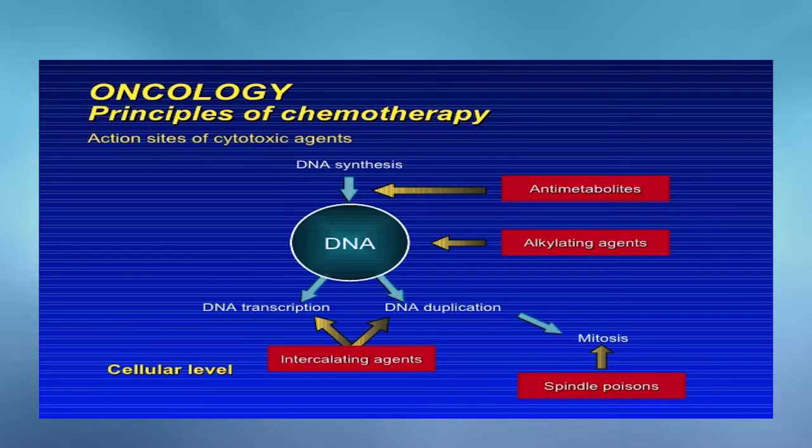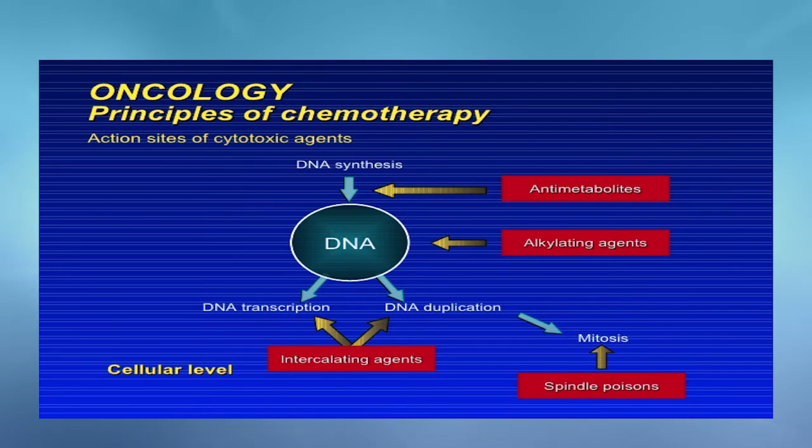This is where the different families of chemotherapeutic agents work, at the DNA and at the cell cycle. Some of them work on DNA synthesis, like the antimetabolites 5-FU and methotrexate. Some work as alkylating agents, like cyclophosphamide and ifosfamide. Some work at mitosis, in M phase, like taxanes, which act as spindle poisons. And some are intercalating agents, which work on DNA duplication and DNA transcription.